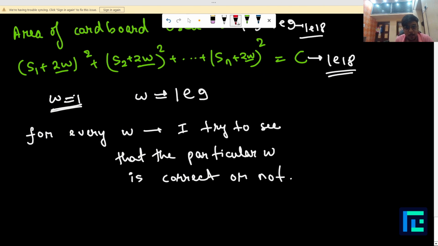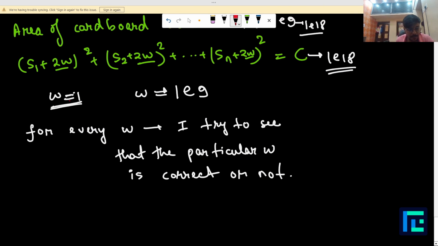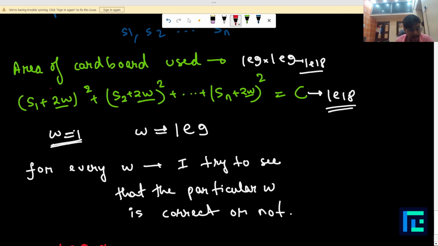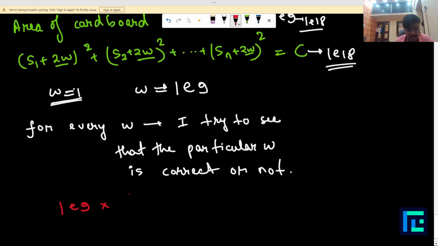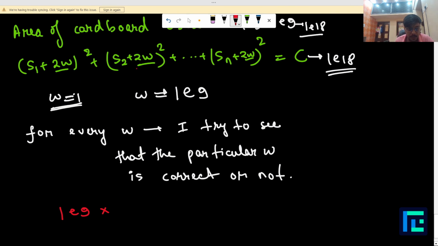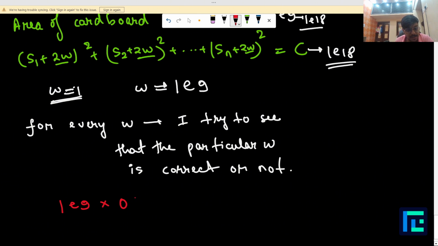But what's the time complexity in that case? If you observe, you are iterating over all these W's, right? In the worst case, how many iterations will you do? 1e9, right? Multiplied by, for every W, to calculate the area it is actually utilizing, what is the number of iterations you need to make? You need to go to each and every picture, right? So can I say that for every W, you will need big O of n iterations?